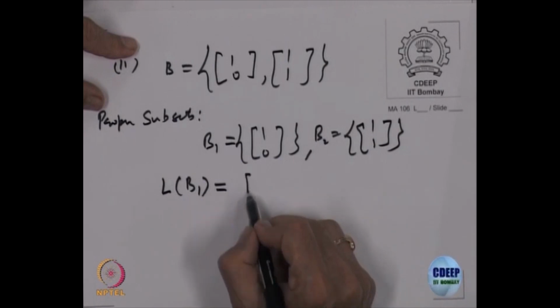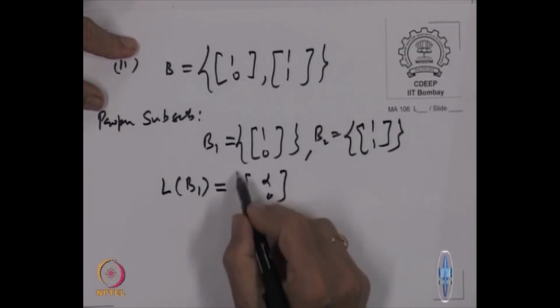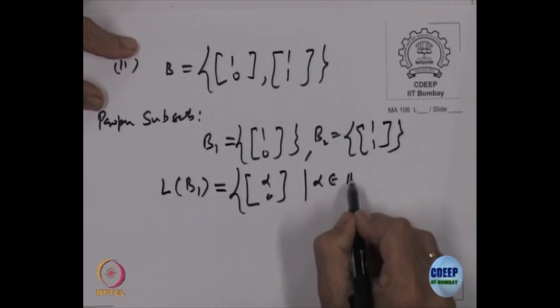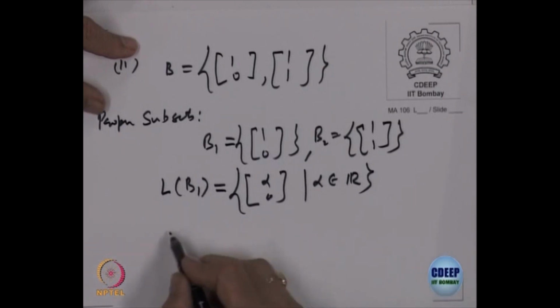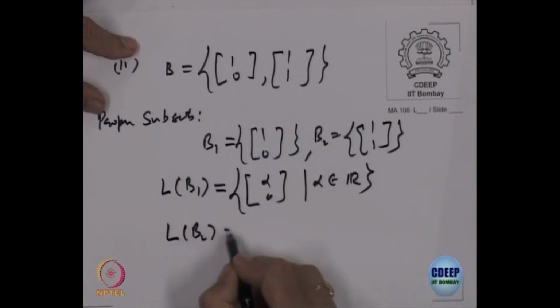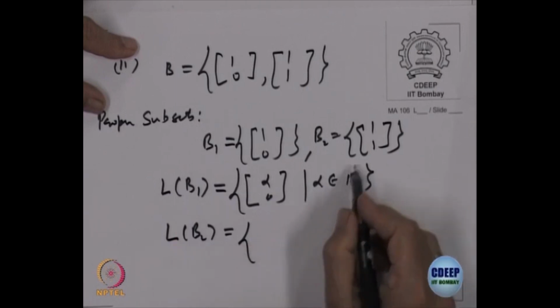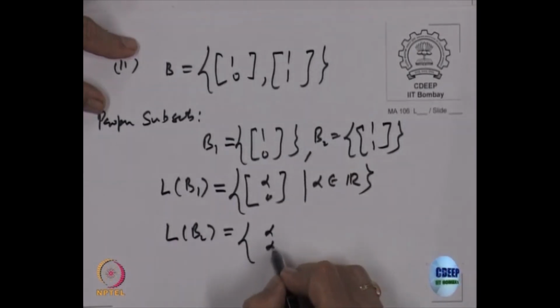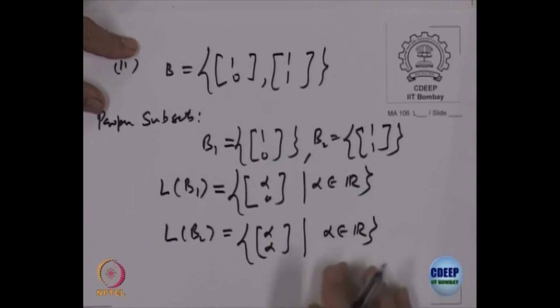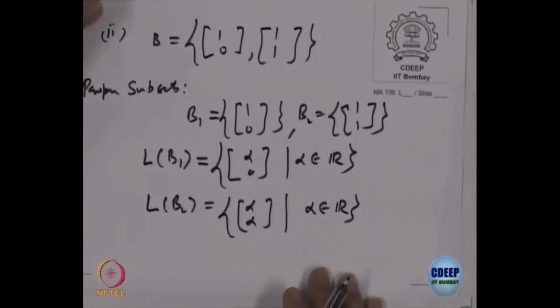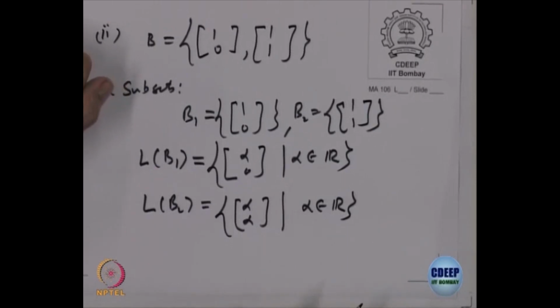That is precisely (alpha, 0), alpha belonging to R, right. Everybody following? Yes. What is L of B 2? That is (alpha, alpha), alpha belonging to R. These are my spans of B 1 and B 2.